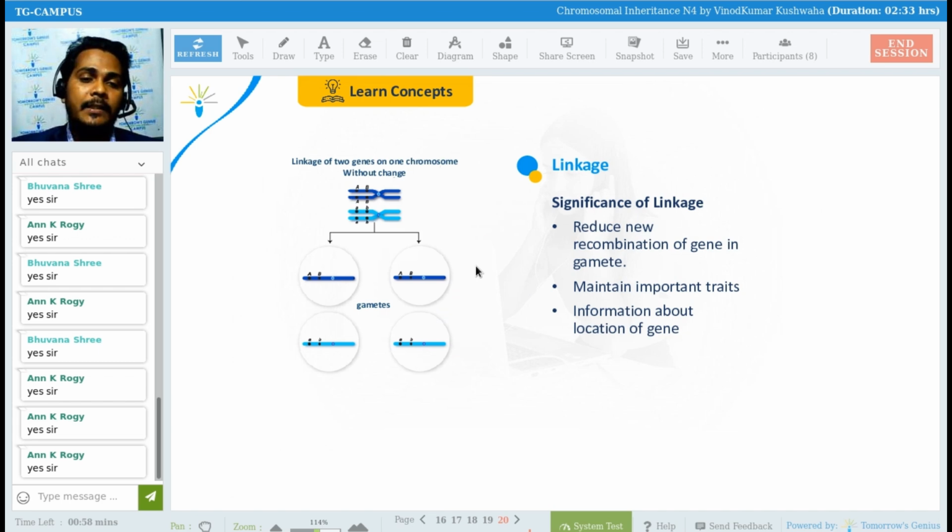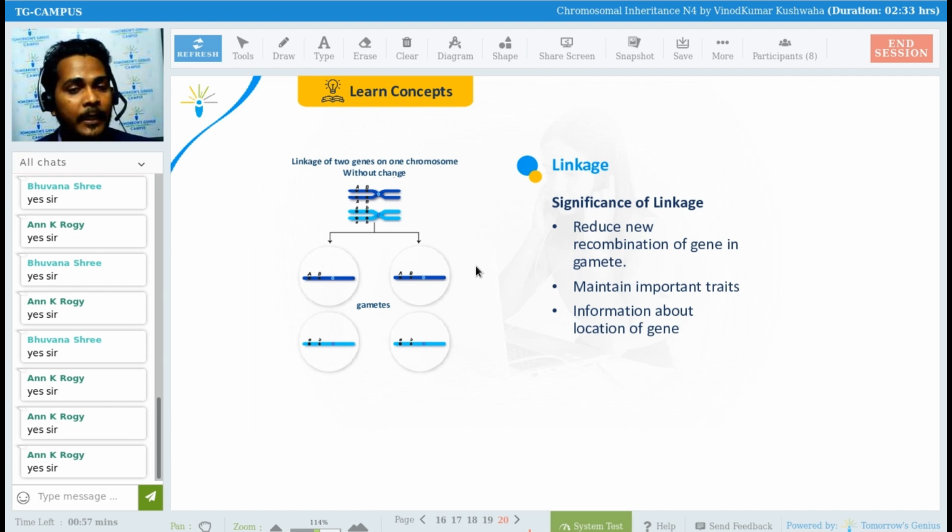Now, what is the significance of linkage? Linkage reduces the chance of formation of new combinations of genes in the gametes. Thus, it helps to keep the parental and important traits together. It helps in maintaining the important traits of a newly developed variety, because if a new variety is developed, it is going to be maintained.